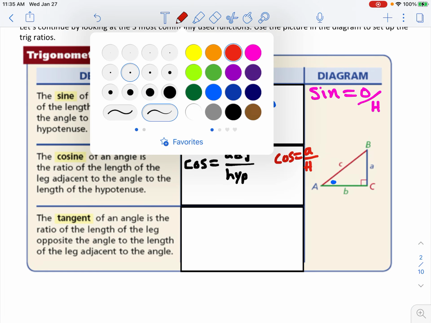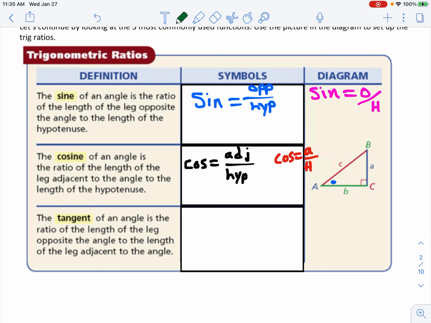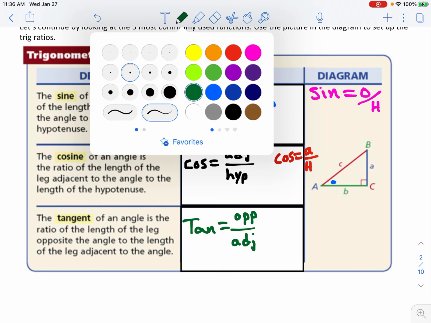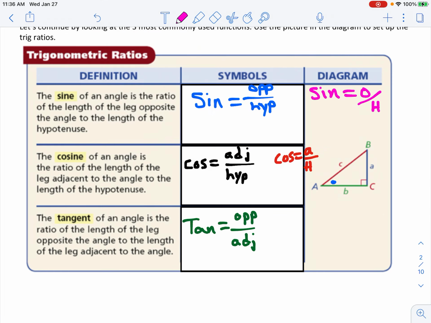Now, how are we going to remember tan? Tan is the opposite side over the adjacent side, so when we write a tangent, we think of O over A.